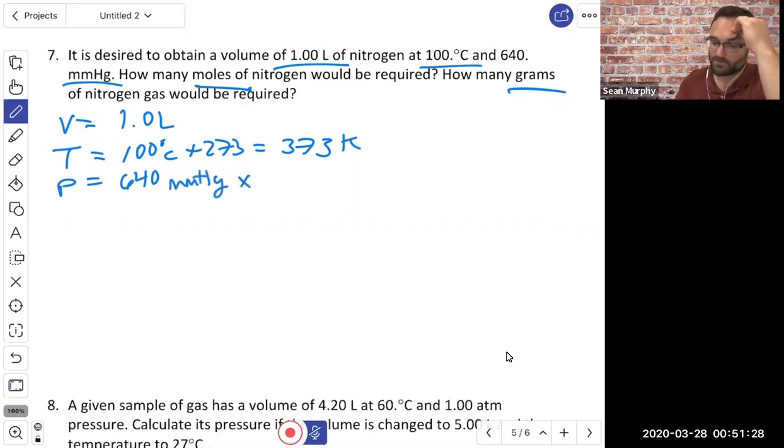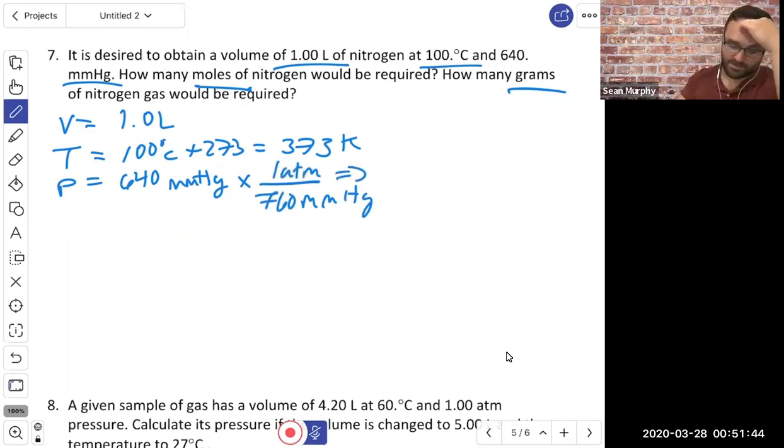So I'm going to get rid of millimeters of mercury because I want to go to atmospheres. Millimeters of mercury on the top, millimeters of mercury on the bottom. Remember that for every 1 atmosphere, it's 760. Well, I'm going to give that 80%.